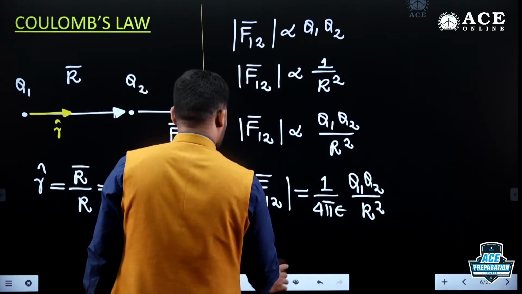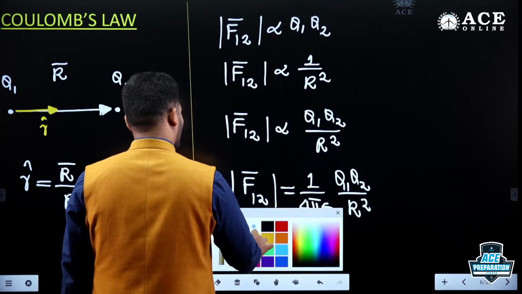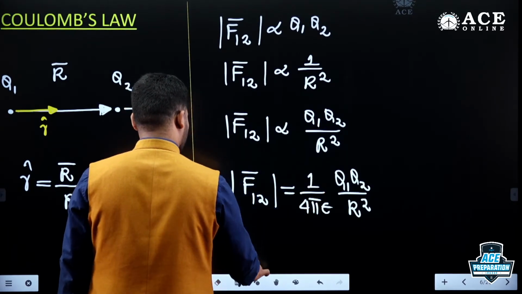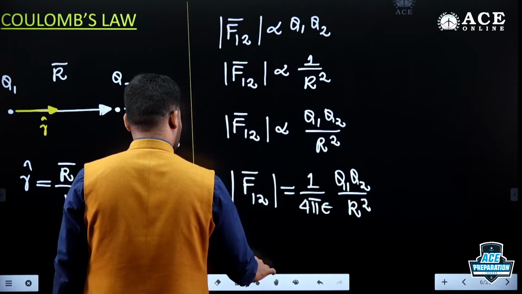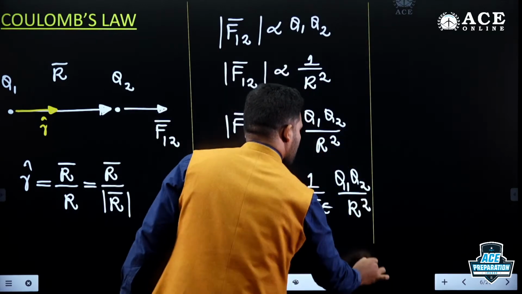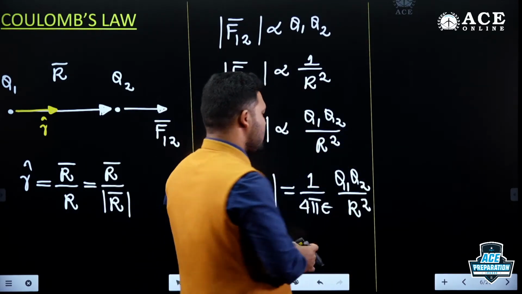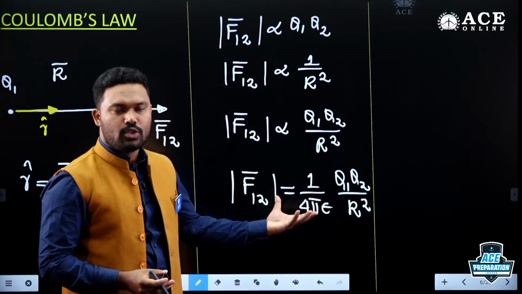Clear? Now observe carefully. This is a law. The proportionality constant is 1 by 4 pi epsilon. This epsilon is a medium parameter. This is a scalar quantity, units are newtons.